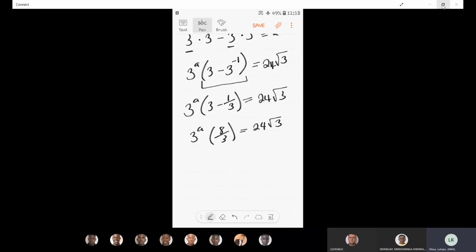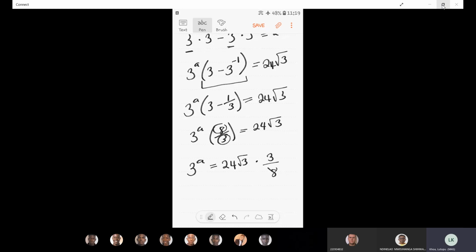Then what you do is you multiply by 3 and divide by 8 on both sides. Left with 3 to the power of a. This 24 square root of 3 times 3, getting rid of this denominator, and then you divide by 8, getting rid of that numerator.